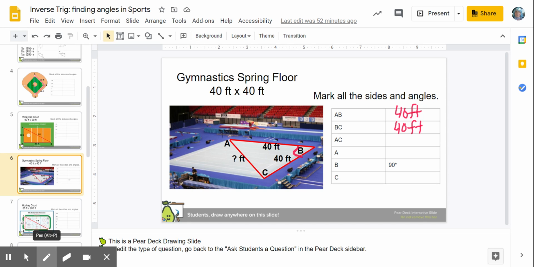We should find the angles. Okay, how are we going to find the angles? It is an isosceles triangle, so it's definitely isosceles. It is. Okay, that was easy.